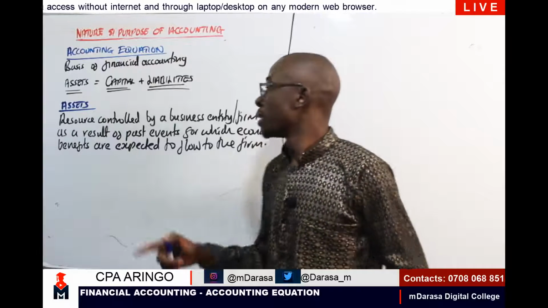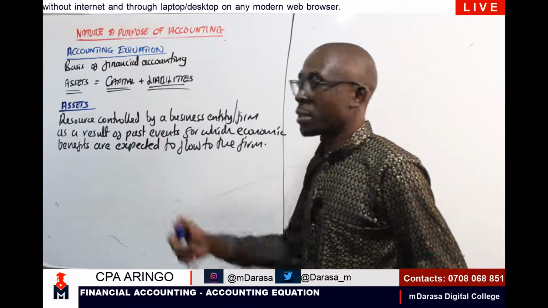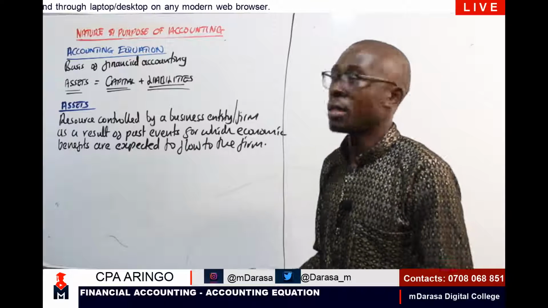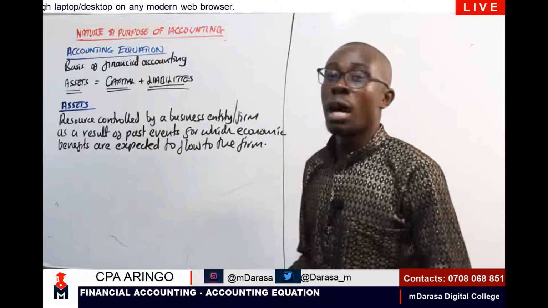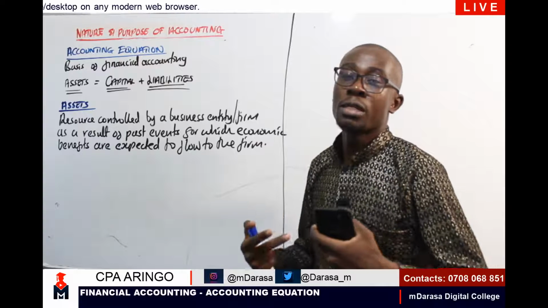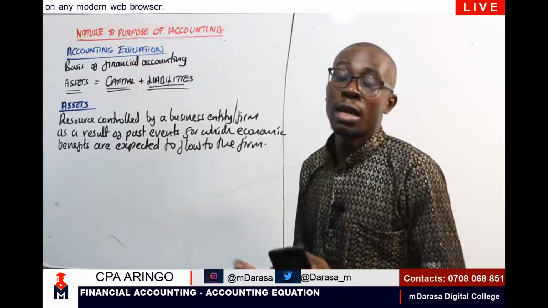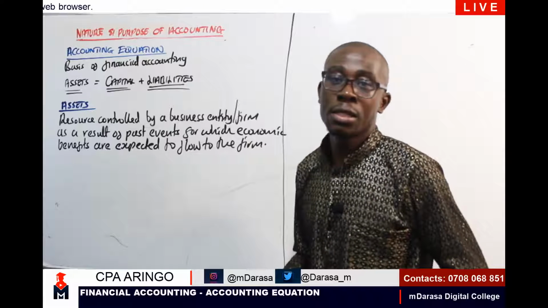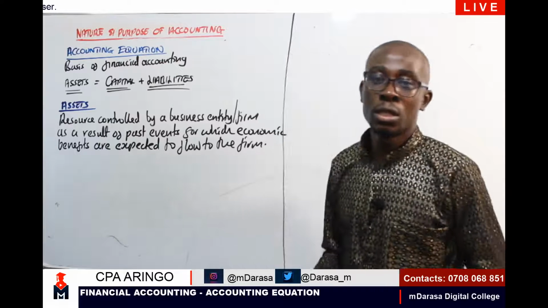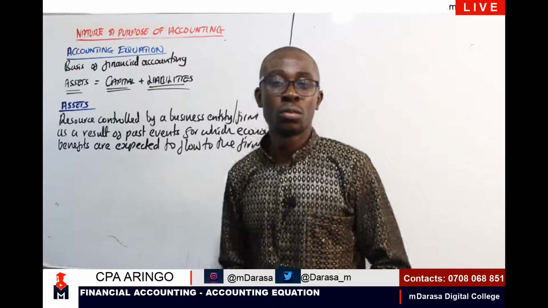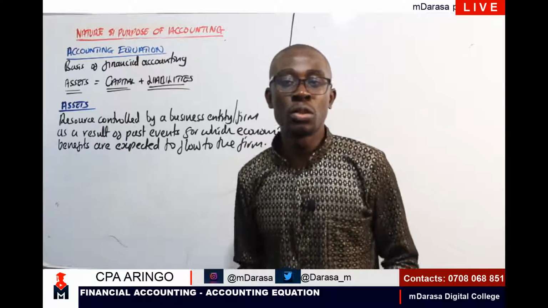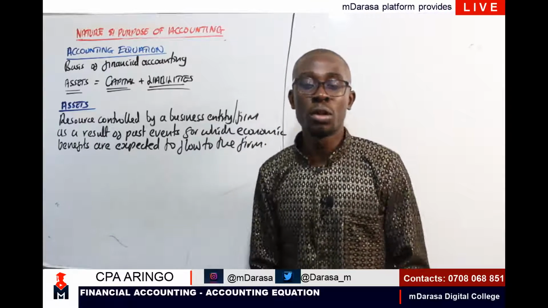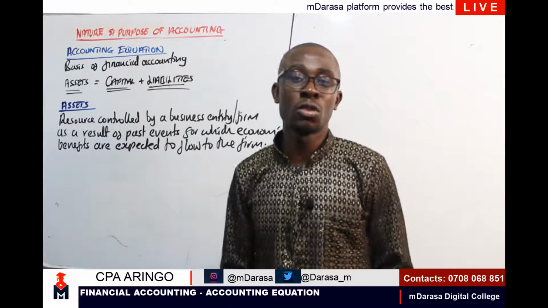So it is as a result of a past event. I went to the shop and purchased this computer. Now, at the end of the day, these computers are under our control. They are under the control of Darasa. Darasa is using these computers to generate revenue. And that's why you are watching this video, because you've purchased this package of ours.